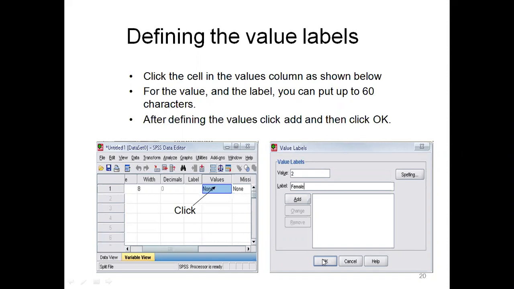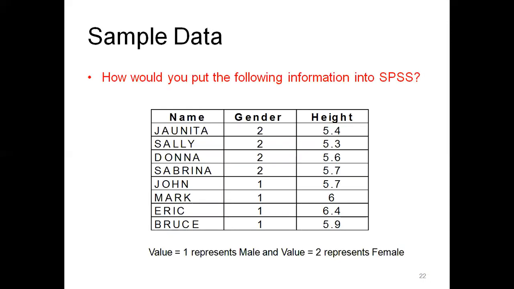Now how can you input your data in the SPSS data editor? Here I would like to take sample data to explain how you give input in your SPSS data editor. How will you put the following information into SPSS? I'm taking three variables here.